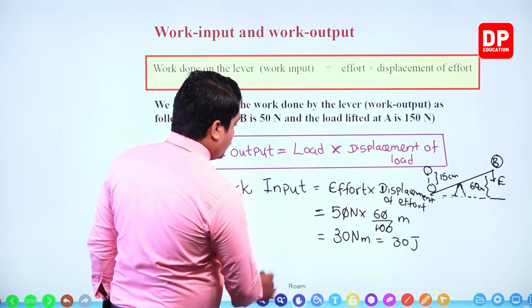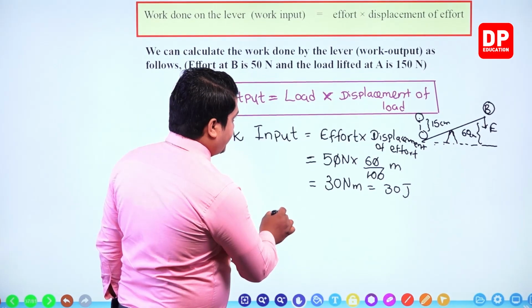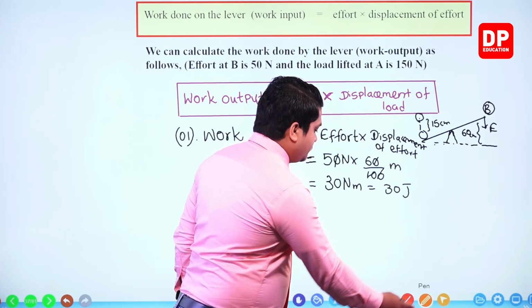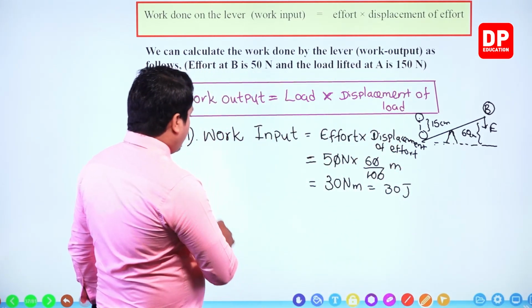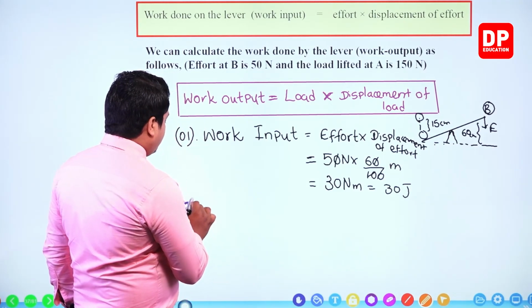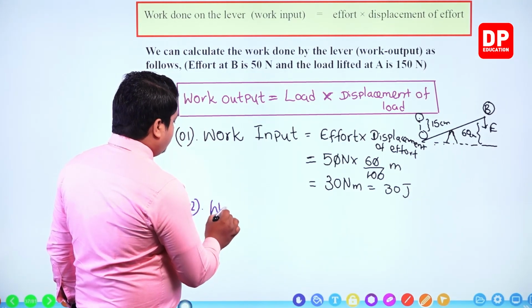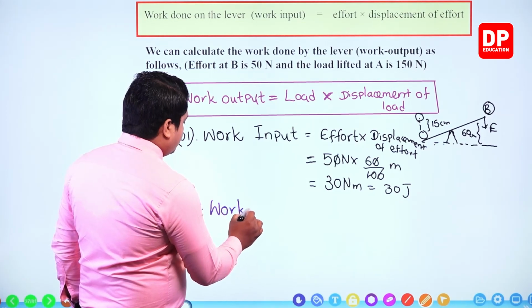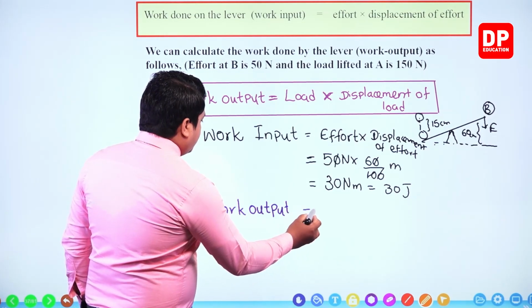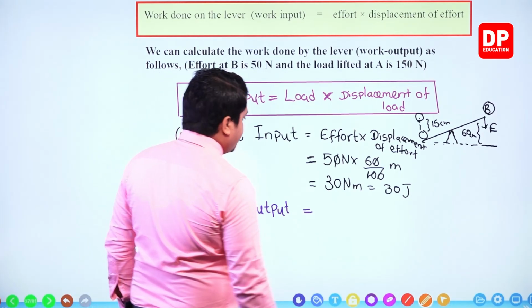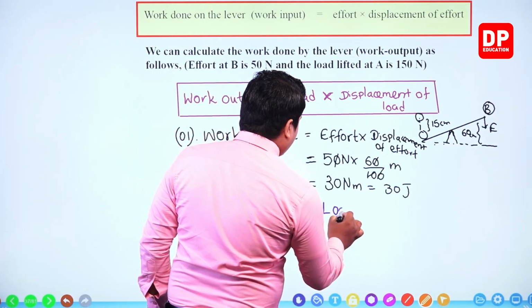Now I'm going for the work output then. So I'll use a different color. Work output, number 2. Work output is equal to load.